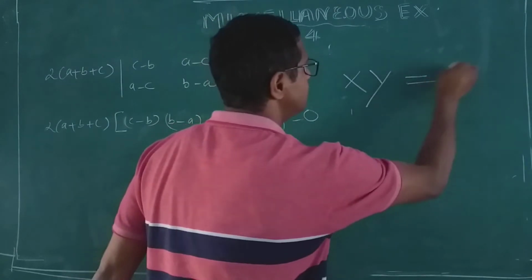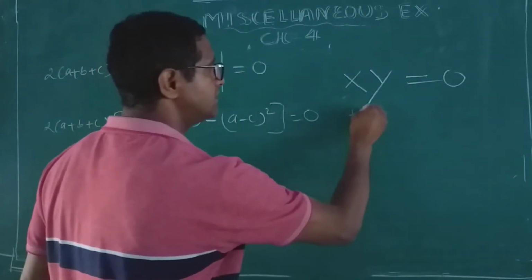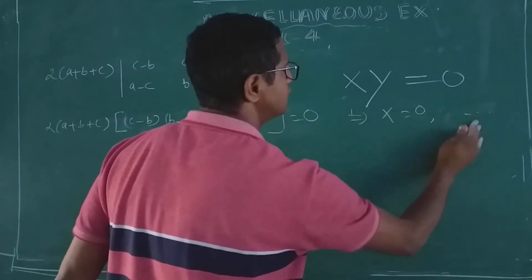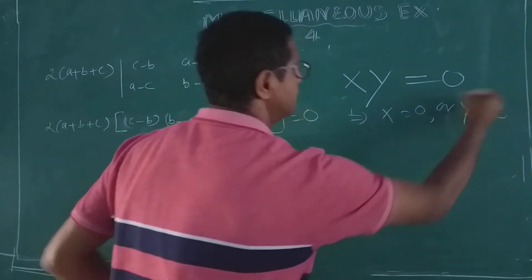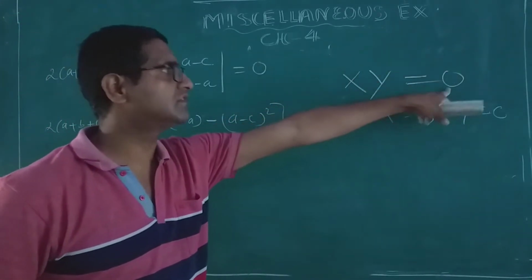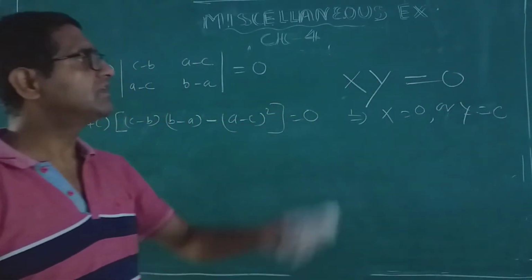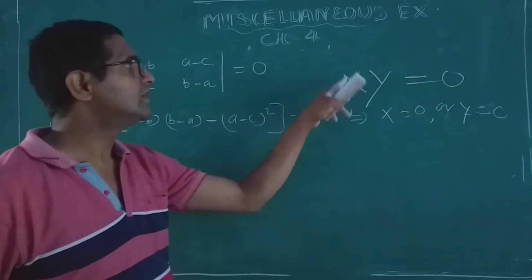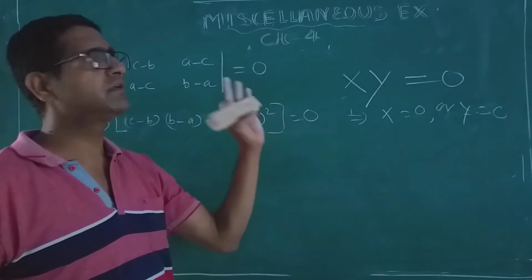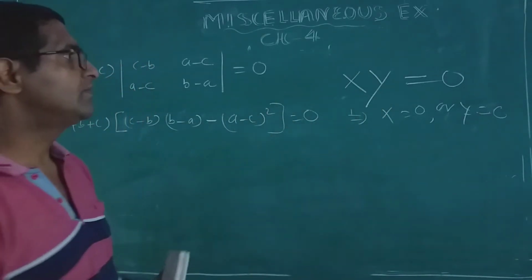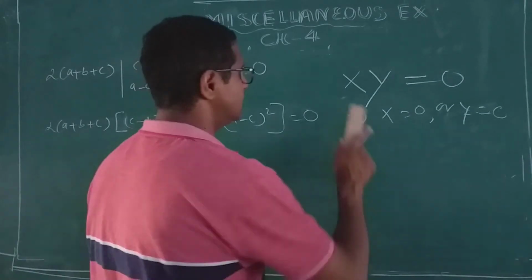If their product is 0, it indicates that x equals 0 or y equals 0, or both may be 0. Then the result will be 0. Means the result will be 0 only if anyone or both of x and y is 0. I will apply this concept here. Okay.